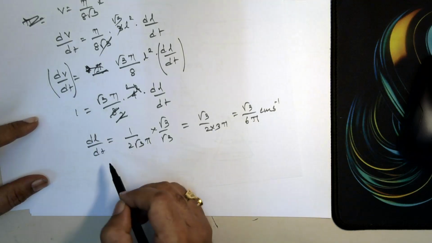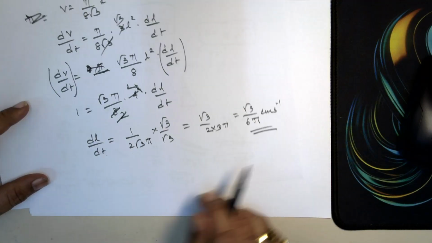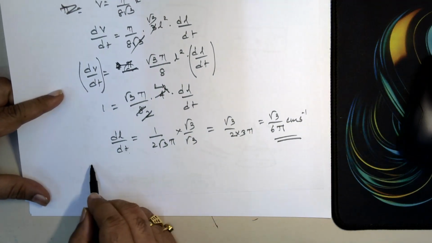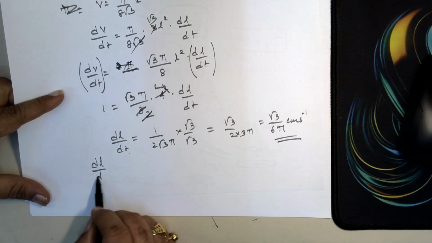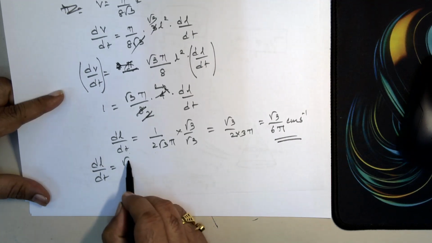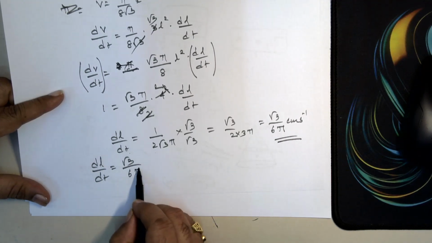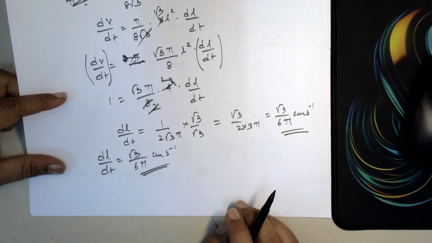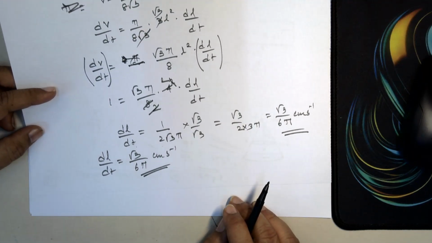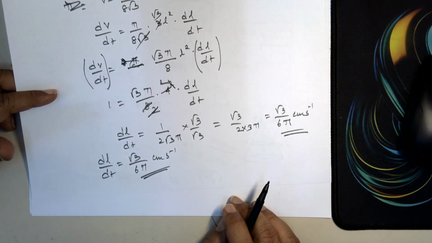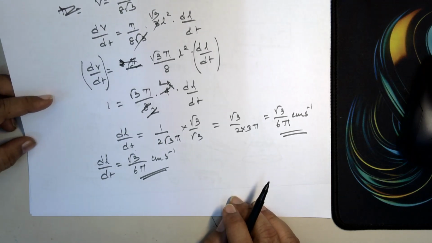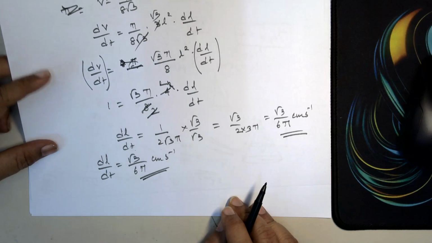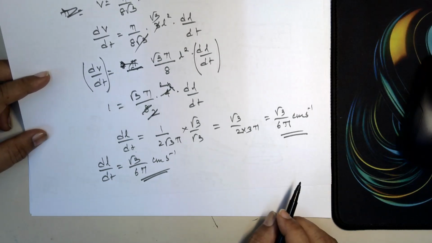Why centimeter? Because L is in centimeters and this is seconds. So dL by dt is equal to root 3 by 6 pi centimeter per second. So this is the slant height decreasing at the rate of root 3 by 6 pi centimeter per second.